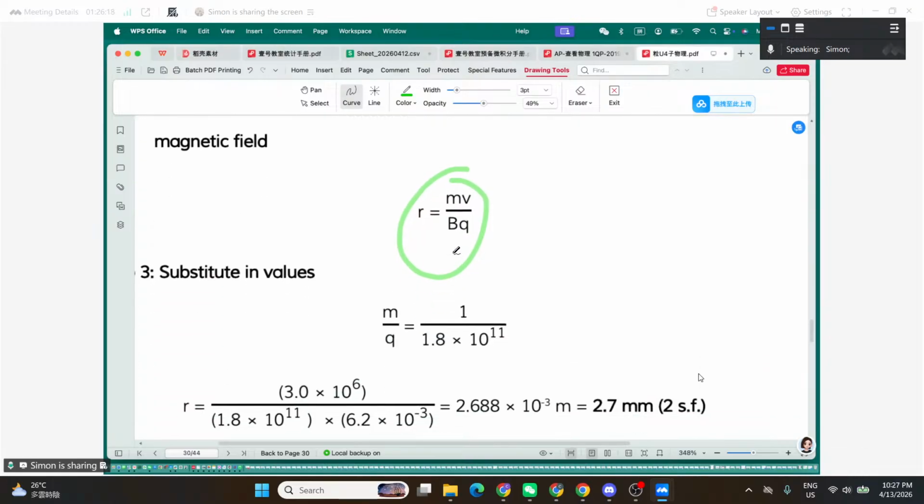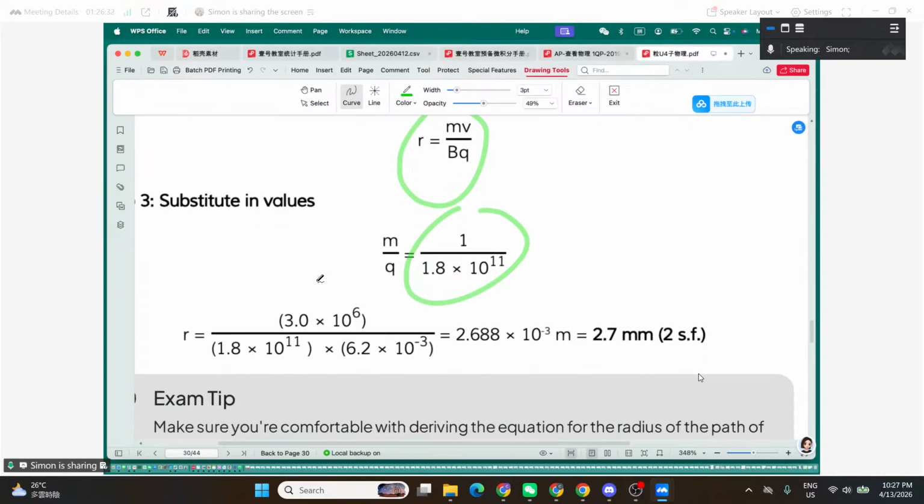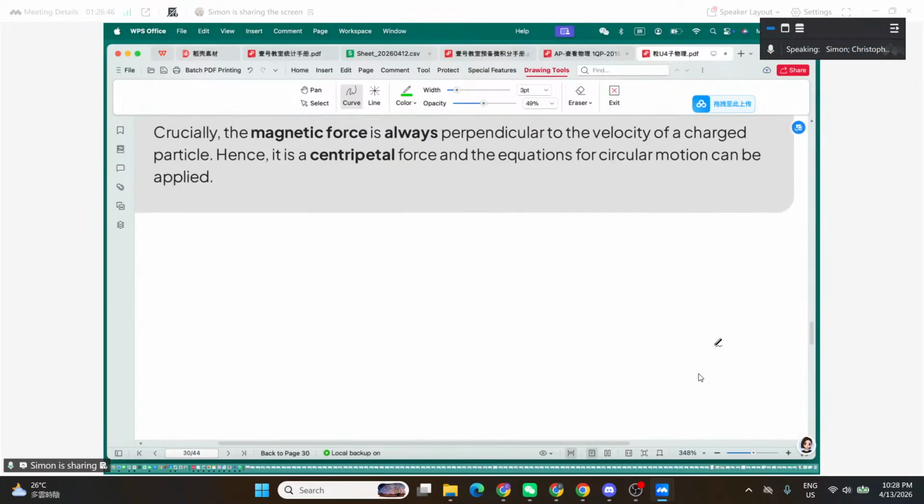We already know Q over m, and we flip it, calculating the reciprocal of the value, so we get 1 over 1.8 times 10^11. We take the known values into the equation, and finally we get the radius is 2.7 millimeters. No problem now.